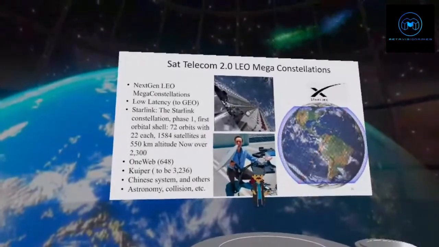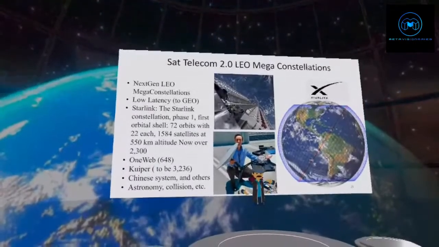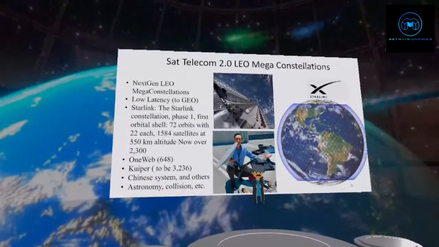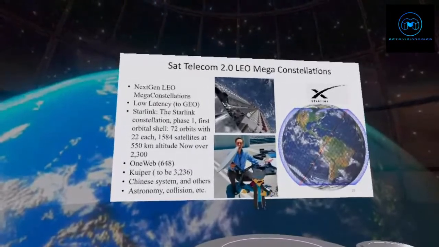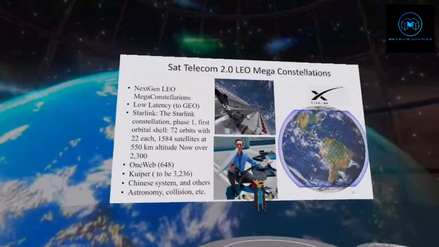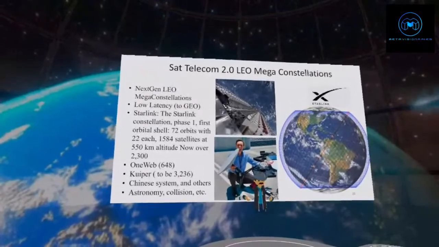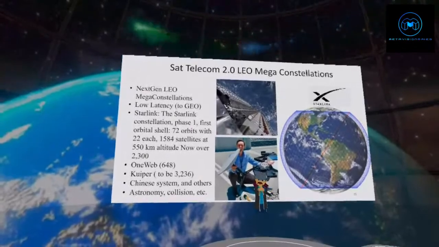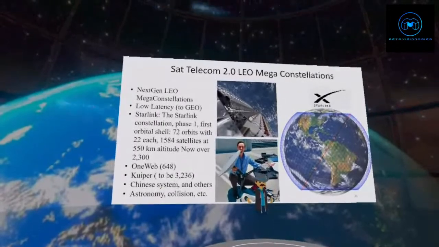We'll talk a lot about this in the lecture on satellite telecommunications, but the point here is that we're undergoing a very large change today from using primarily geostationary satellites, very high orbit, with latency and some other issues along with that, down to massive numbers of very low Earth orbit satellites. And this is going on right now, and it's going to fundamentally change your world as we speak.